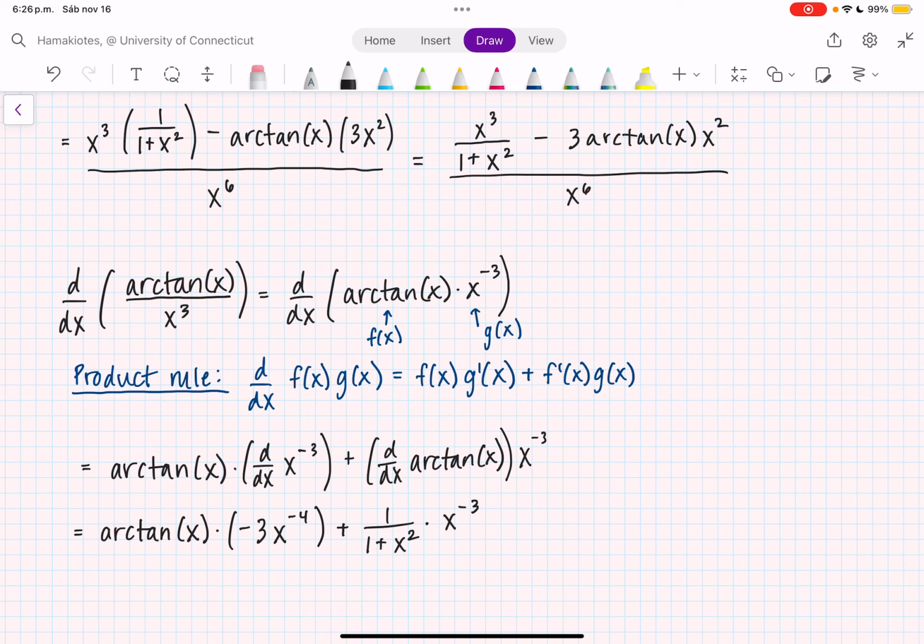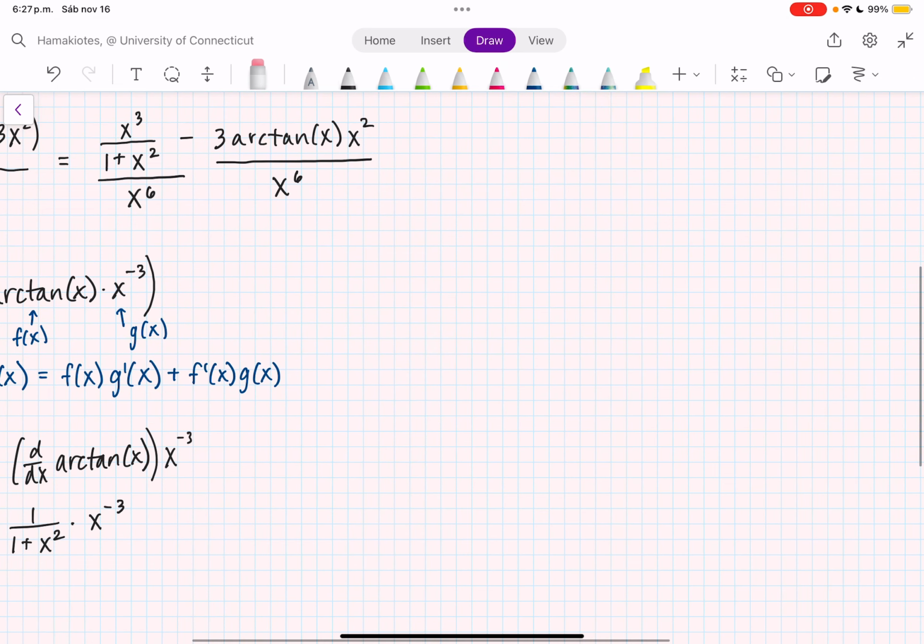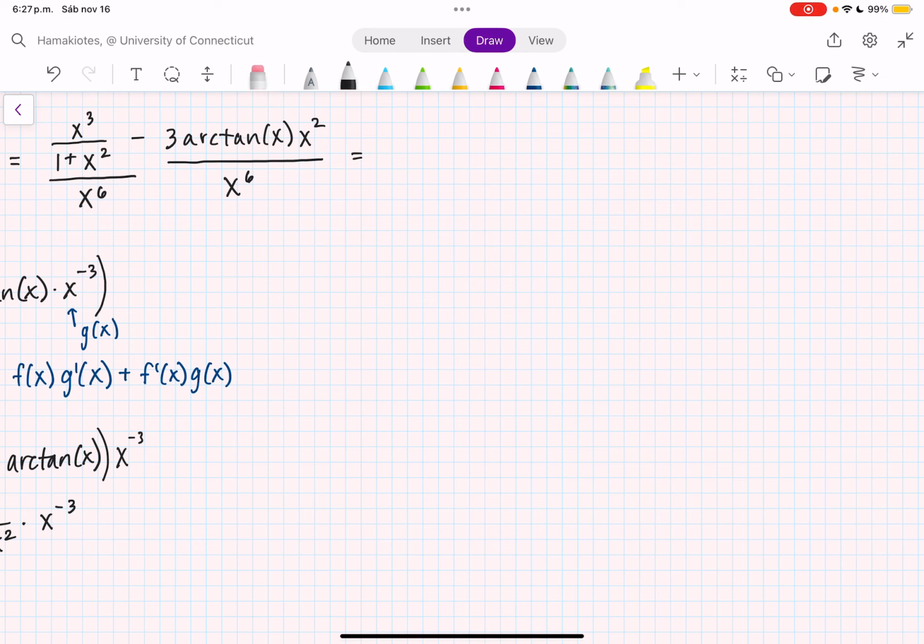So since I have a difference here, I can break this up into this over x to the 6th and this over x to the 6th. So this simplifies to x cubed divided by 1 plus x squared divided by x to the 6th, which is the same as multiplying by the reciprocal.